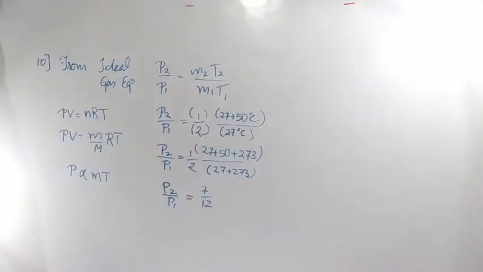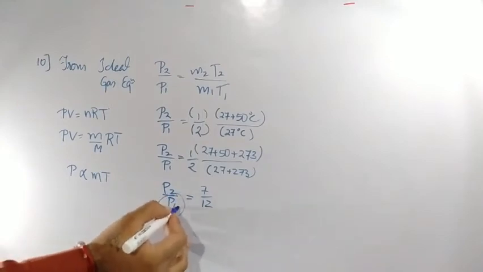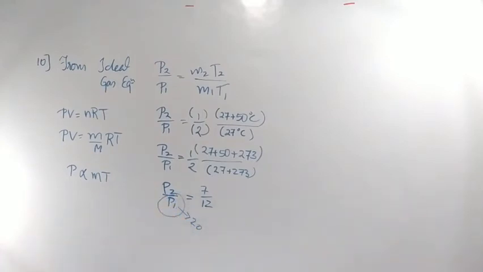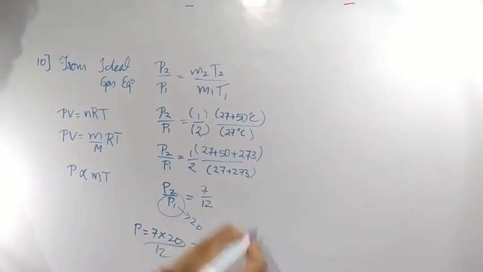You are going to get 7 by 12. P1 value is already given, that is 20 atmosphere. So from this P1 value, which is given as 20, you have to calculate the P2 value. So P2 value will become 7 into 20 divided by 12. Okay. So approximately 11.6 you are going to get as the answer. 11.6 atmosphere.